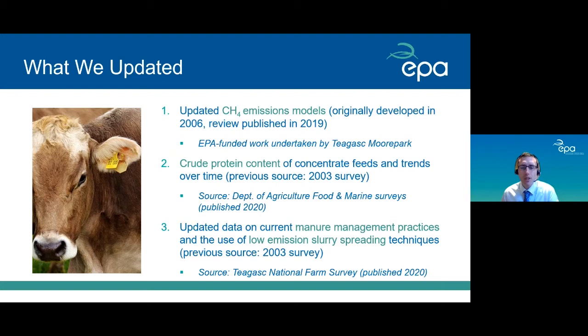Secondly, new data sources have come online, particularly from Department of Agriculture, Food and the Marine surveys on crude protein content in concentrate feeds and trends, which are an important determinant of emissions. And thirdly, the Teagasc National Farm Survey has also been expanded in recent years to gather more granular data on manure management practices and the uptake of new technologies such as low emission slurry spreading, which can reduce emissions.